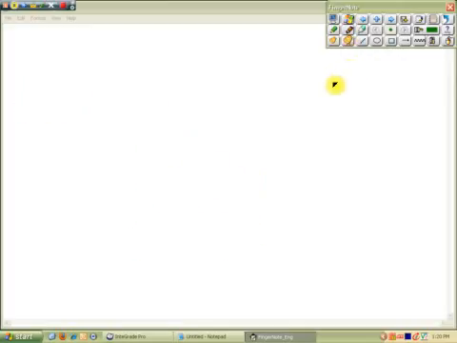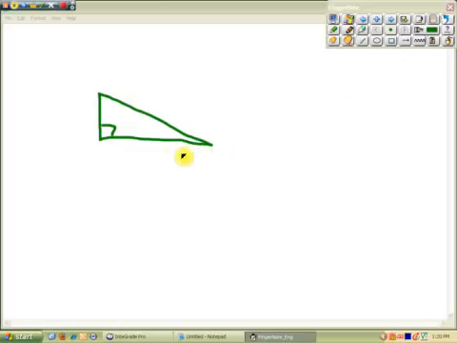46 we're going to skip because the picture does not work for the 30, 60, 90 triangle. But I'm going to show you what would work. If I gave you a triangle, so now I'm putting in my own problem, because the one in the book is wrong. And I told you that this was 12, and I had you find BC.